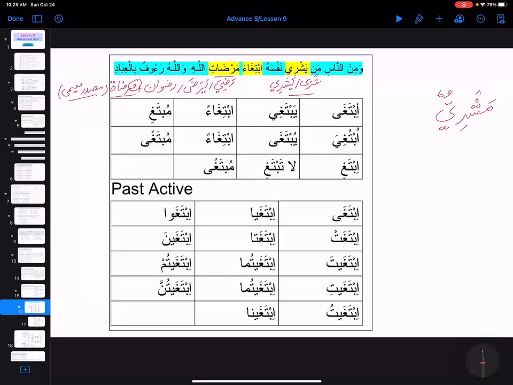So Shar, what is it? Sharin. Okay, that's why I'm thinking. So that is Isam Maf'ul. That's why Isam Fa'il and Isam Maf'ul. So Mashriyun. Got it. Okay, and then where were we?